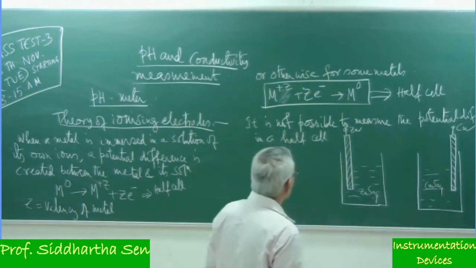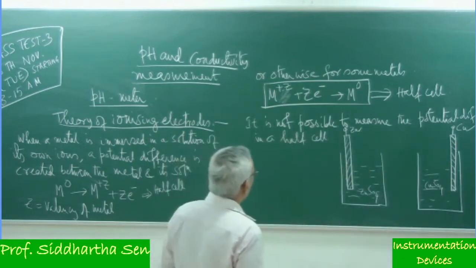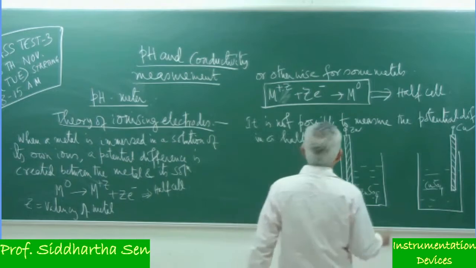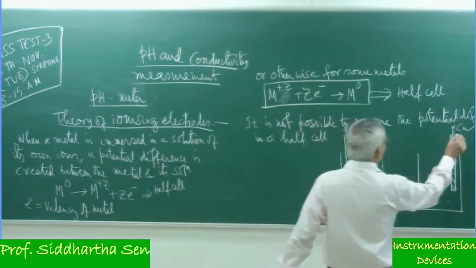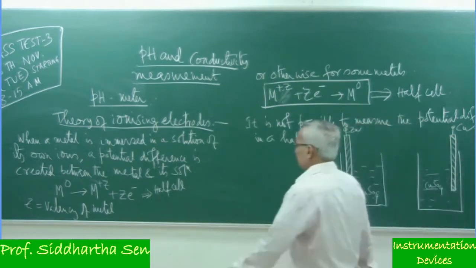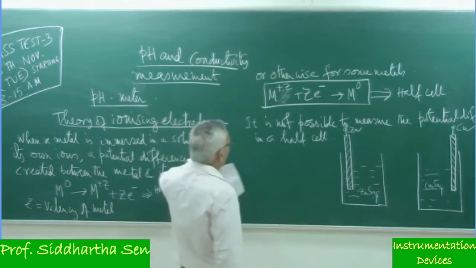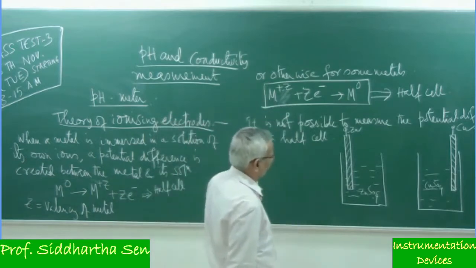Actually, zinc and copper have different characteristics. In this case, zinc would be a negative potential and copper the positive potential. That means zinc satisfies this equation and copper satisfies this equation.